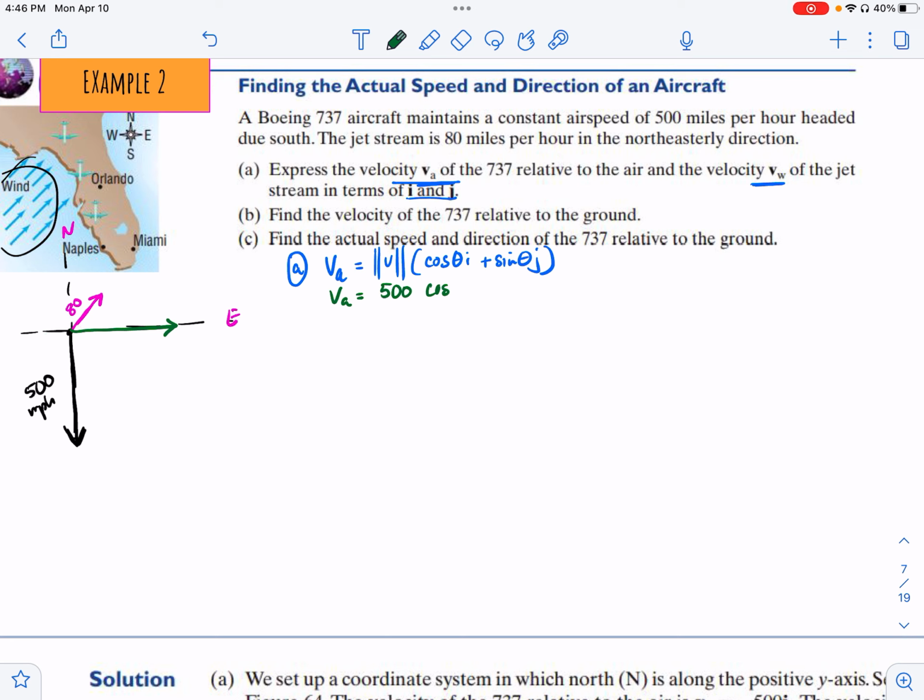What's C asking us? Find the actual speed and direction of the actual speed, which is indicating the magnitude, and the direction of the 737. Now the direction is basically this angle, and actual speed is the magnitude of this vector, which, like I said, is this vector.